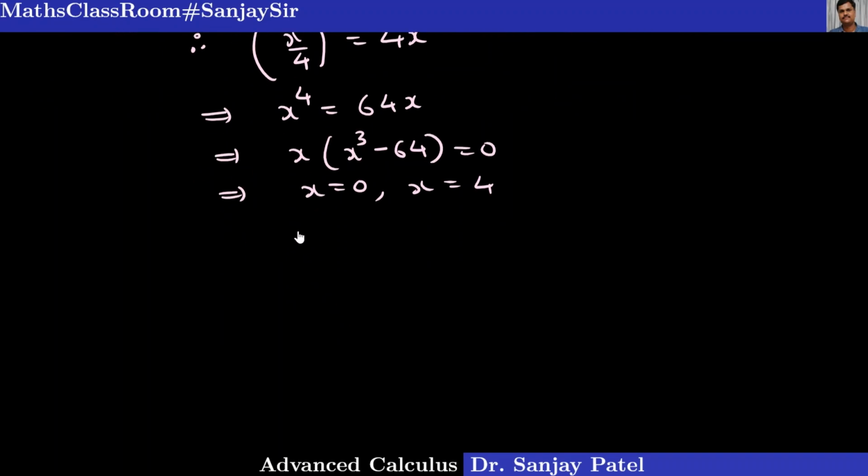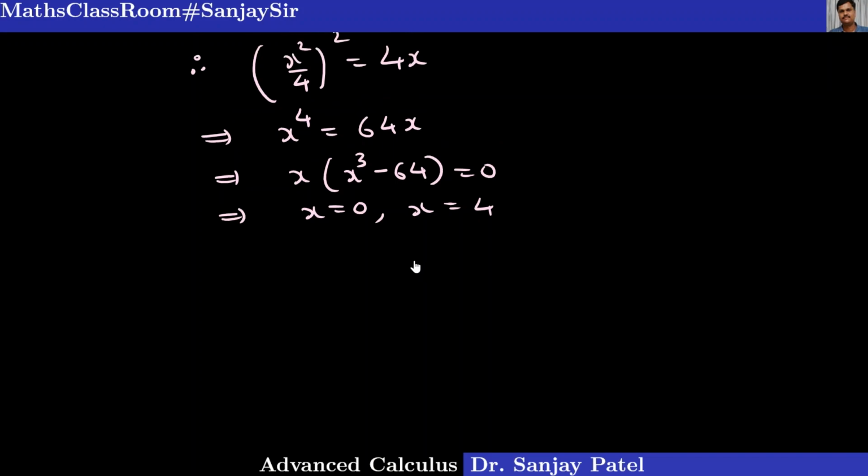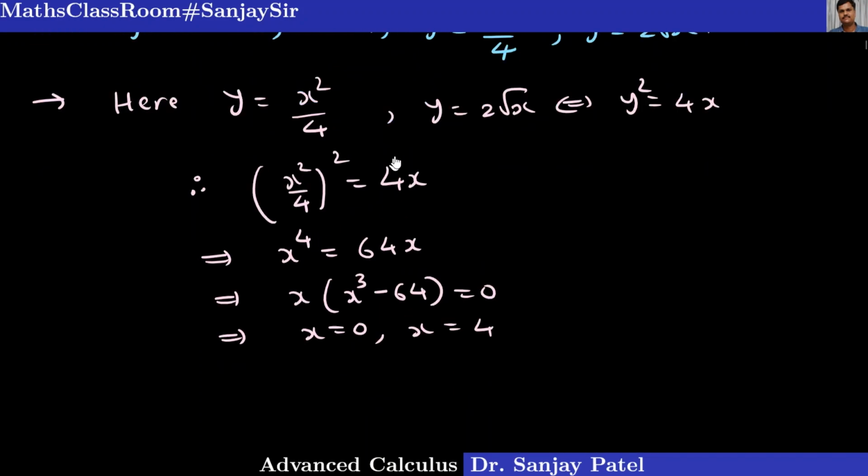So we get x equal to 0 and x equal to 4, and we substitute these points in the given equation and find the value of the y coordinate. Therefore y is equal to 0 by putting x equal to 0 in this equation, and by putting x equal to 4, so 16 by 4, we get y is equal to 4.